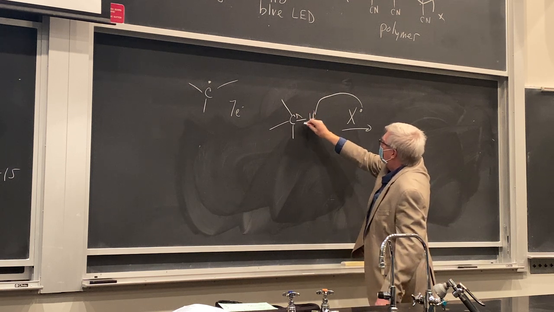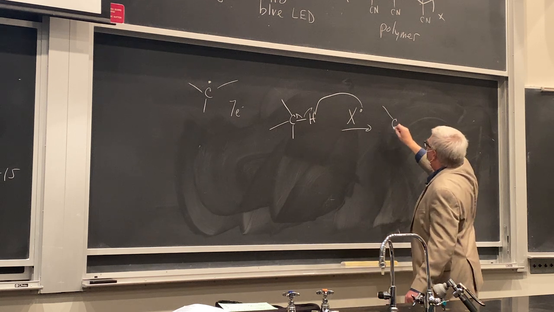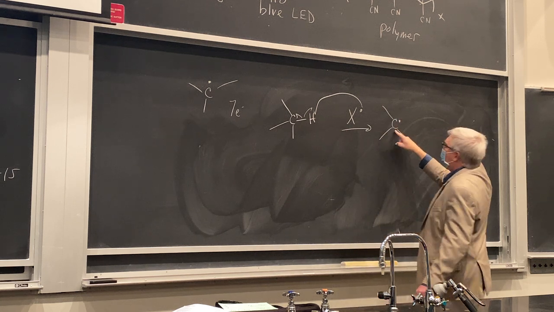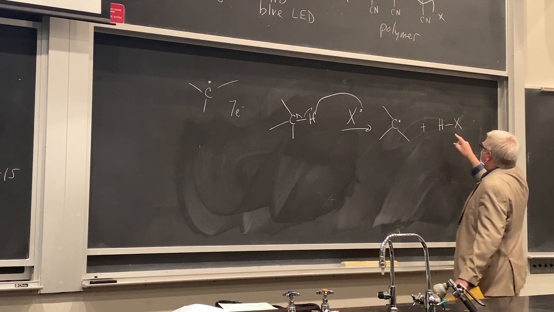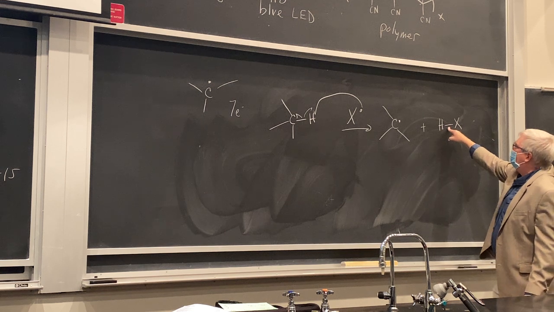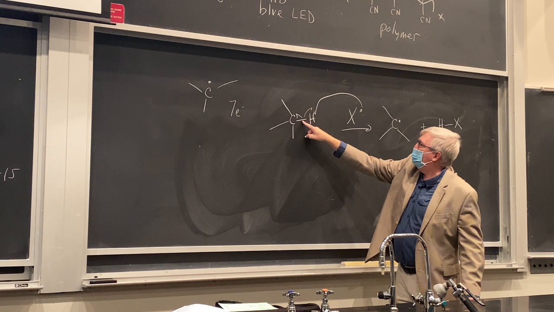We're combining those electrons, and what we end up with is the radical on carbon here and HX. So you see this radical combined with one electron here, and one electron on the bottom.